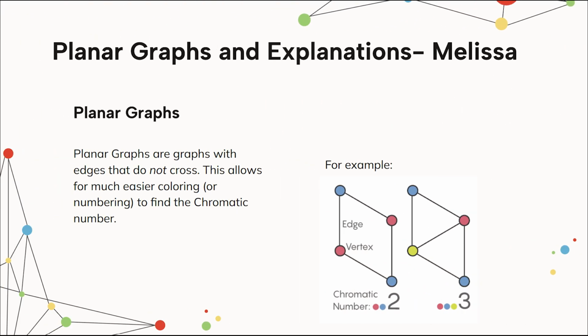Hello and welcome to this slide where we are talking about planar graphs. Planar graphs are essentially graphs with edges that do not cross. It allows for much easier coloring or numbering to find the chromatic number.